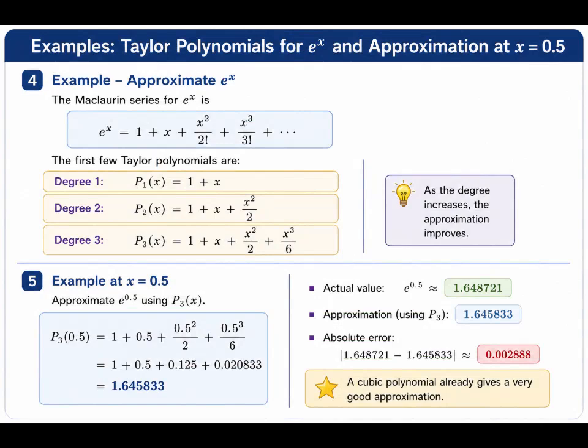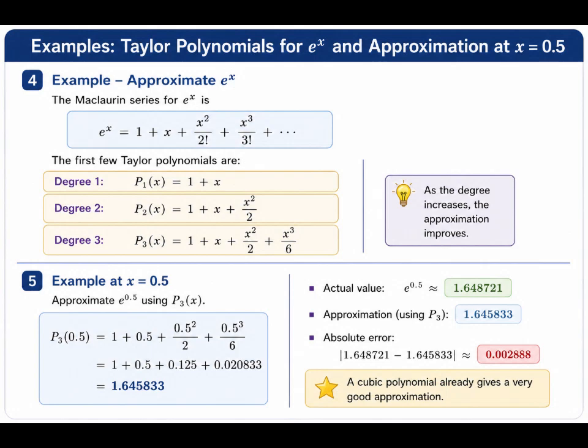Consider the exponential function e to the x. One reason this function is so important is that all of its derivatives are equal to itself. As shown, the Maclaurin series for e to the x takes a beautiful, predictable form. We simply add terms of increasing power of x divided by their corresponding factorials.